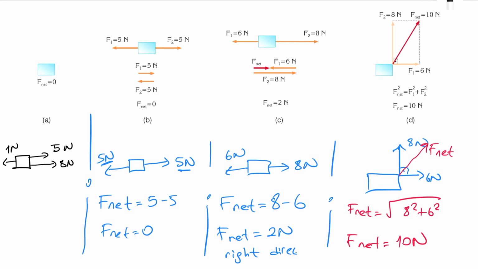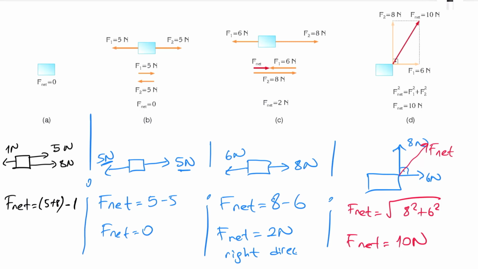Let's just assume that. How can we calculate the net force here? If the forces act in the same direction, we add them to each other. If the forces act in opposite directions, we subtract them. So 5 and 8 are acting in the positive direction, so it will be 5 plus 8. And the 1 Newton is acting in the negative direction, so it will be minus 1.